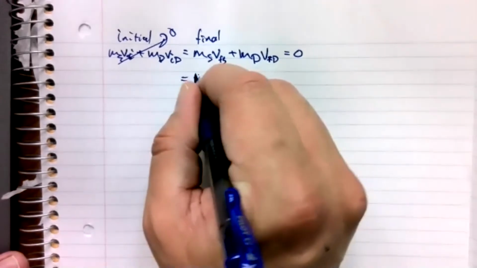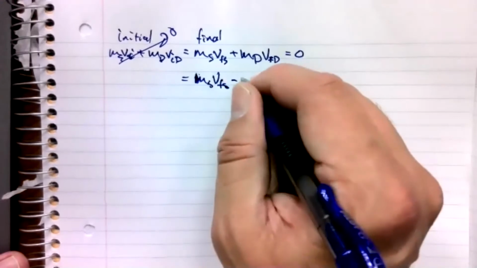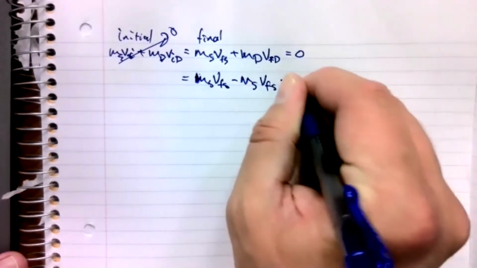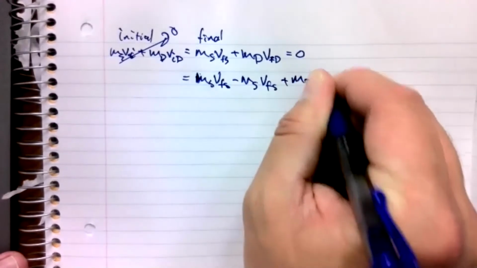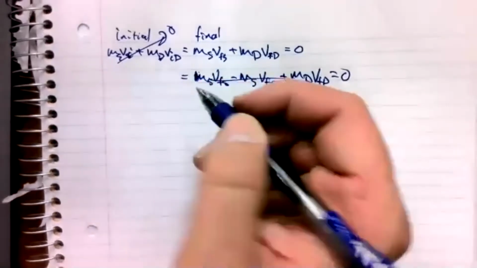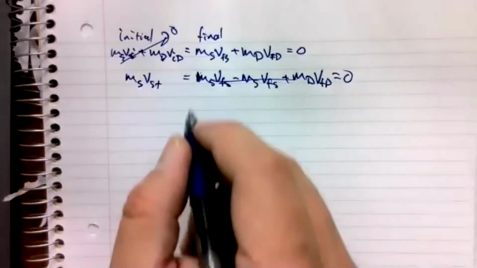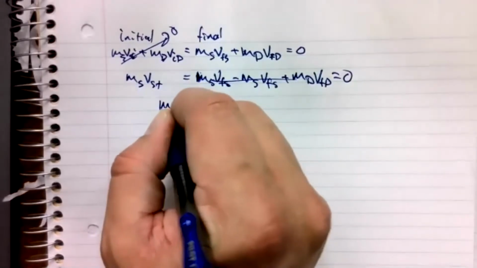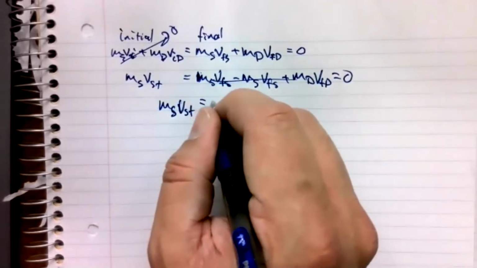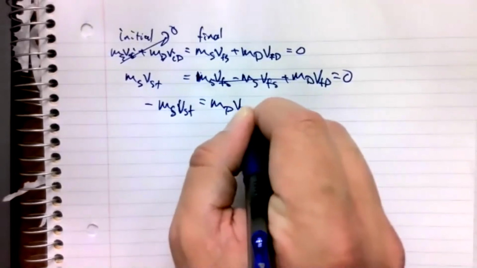So I'll subtract M_D times V_D final from both sides. So this goes away, and now I have one on the other side. Okay, then I have Sandra's final momentum equals the negative of David's final momentum.